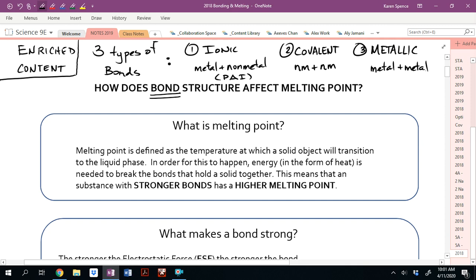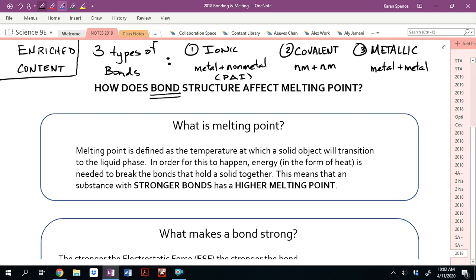Ionic bonds result in ionic compounds. Covalent bonds result in covalent compounds, and you've been learning about naming ionic compounds and covalent compounds. Metallic bonds don't form compounds.